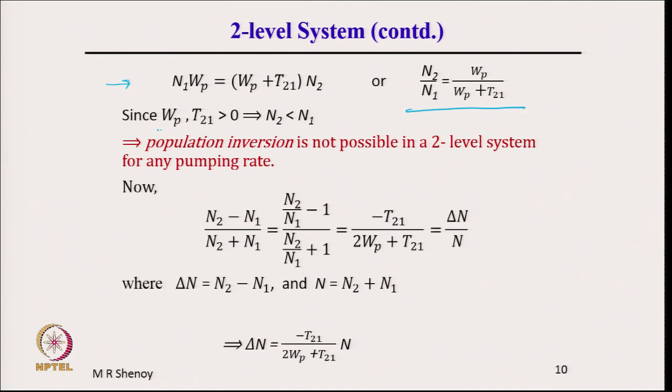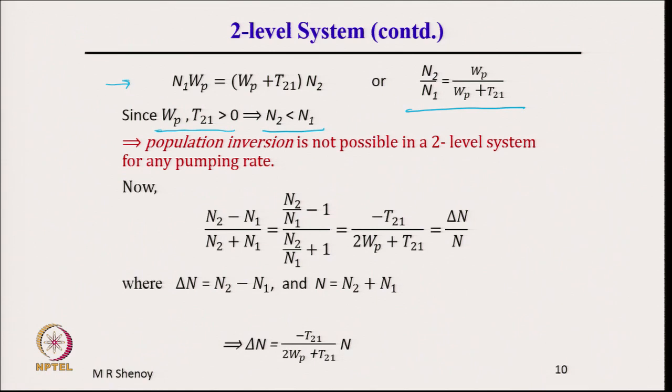Both are positive, since Wp and T21 are greater than 0, N2 must always be less than N1, whatever be the pumping rate, unless Wp becomes infinity. Only when Wp becomes infinity will N2 by N1 become 1. N2 could become equal to N1 at best, but otherwise N2 is always less than N1.